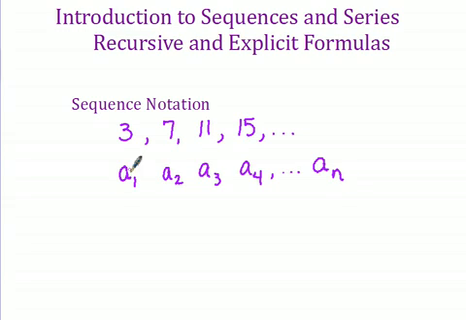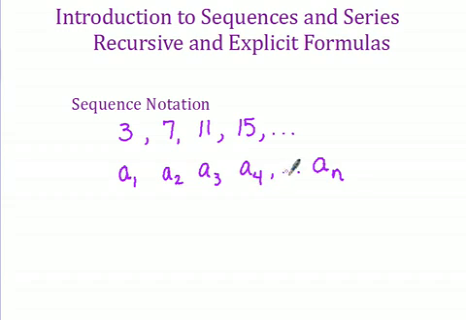So what this means is that I have a sequence here that I'm calling A, and each term in the sequence is going to have a number on it for what place it happens in the sequence. This is the first term, the second term, the third term, the fourth term. So we call them A sub 1, A sub 2, A sub 3, A sub 4.